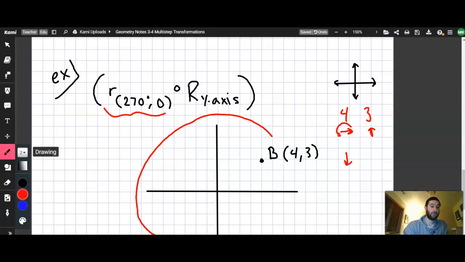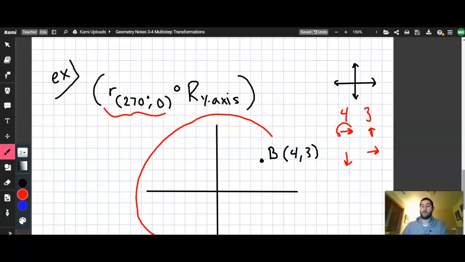So go ahead and count that 270 degrees from up. 1, 2, 3. We are now going left. And so what was going up is now going to the right.